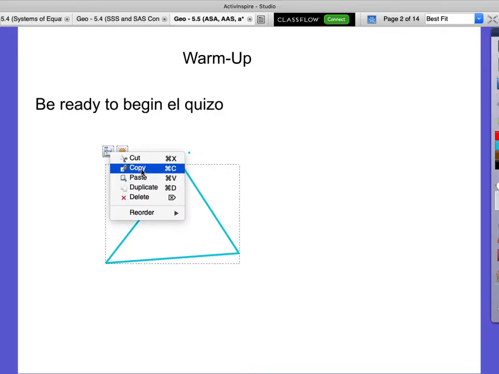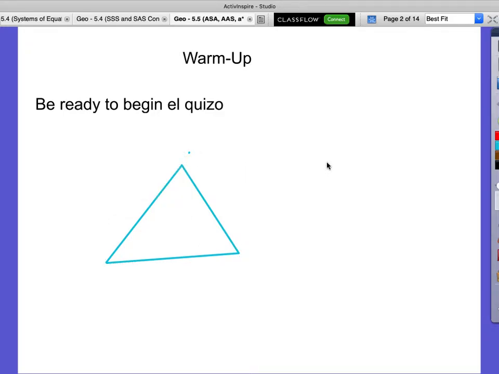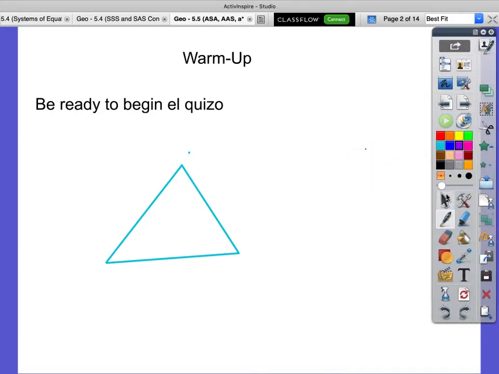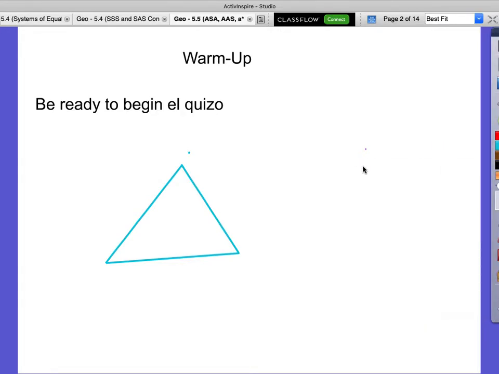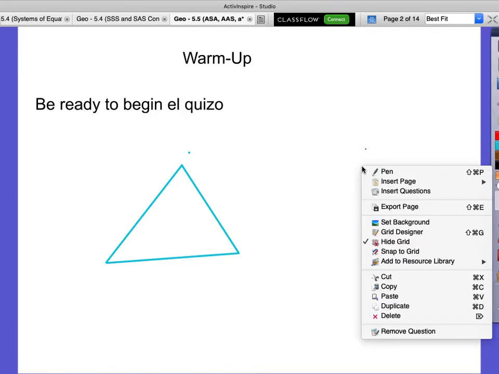So I'm going to copy and paste this triangle here. Oh, come on. You might have to hold down. My goodness. Oh, because I didn't have this one. There we go.